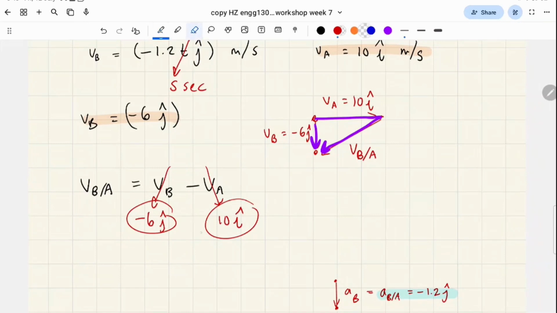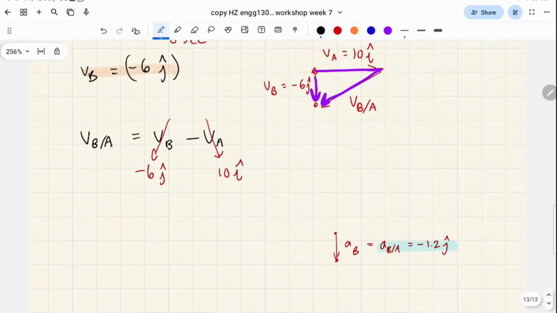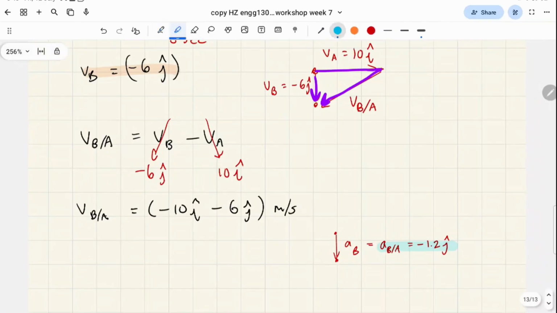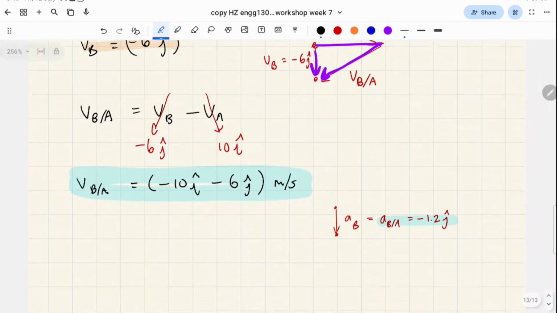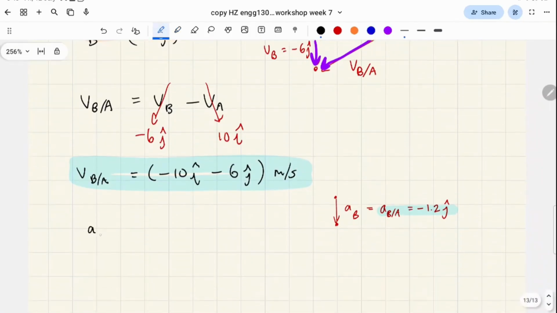Now we have an accurate expression for this, right? So VBA is equal to negative 10I minus 6j, and that's in meters per second. Okay, that's our answer. And the acceleration of, okay.